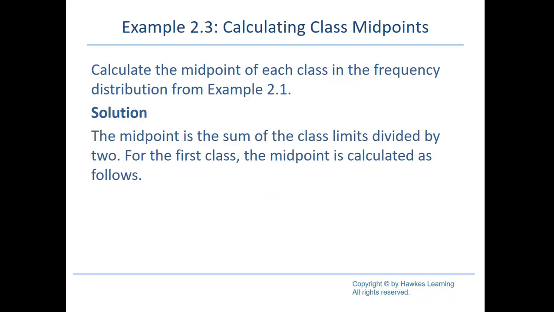Okay, so again, let's kind of go back to that TV example that we were just doing. And again, I need to basically, for that first class, I'm going to take the upper and the lower limit. Now remind yourself that the upper and lower limits for these was basically what we called that class.